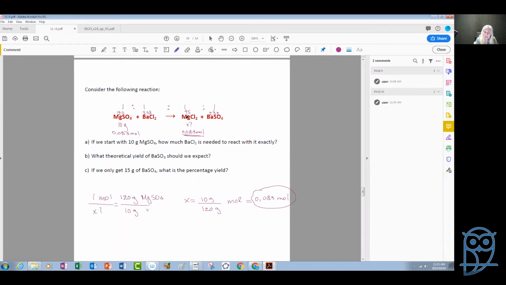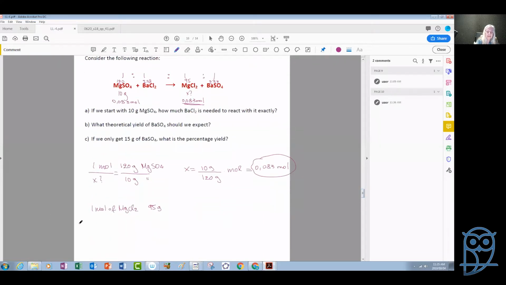I know that 1 mole of magnesium chloride has a mass of 95 grams. Now that I have this number of moles, 0.083 moles of magnesium chloride, how many grams is that? And this is my answer to question A.